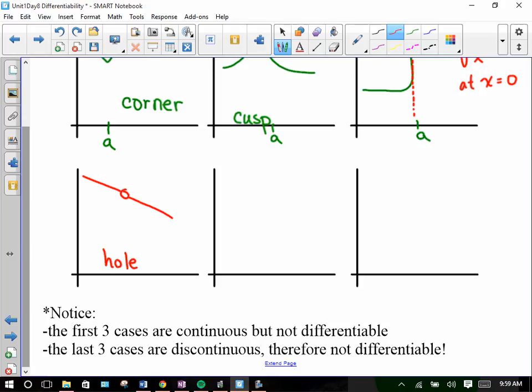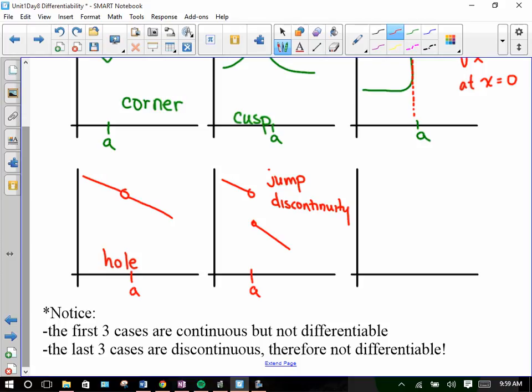Therefore, it's not differentiable at x equals a. Other things that we have are jump discontinuities. That's at x equals a. This is a jump discontinuity. Again, this is not differentiable at x equals a because it's discontinuous at x equals a.